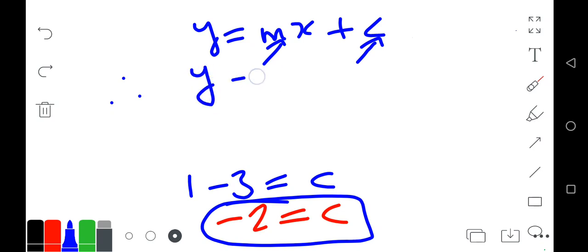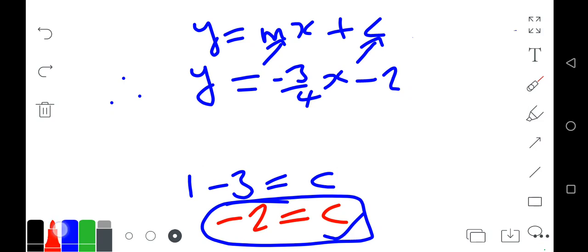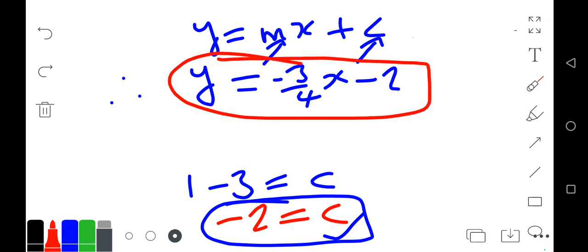So y is equal to, you know that the gradient was -3 over 4 x plus, which means minus, the c is minus this one, so minus 2. And that is the equation of this line, or the equation of the line that is perpendicular to the other one.